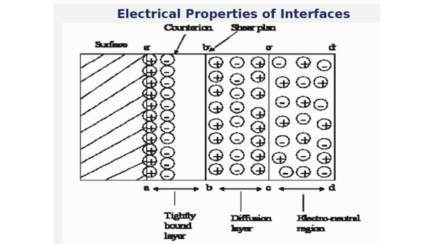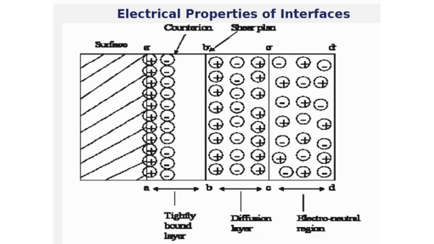Now, if the solid surface acquires a layer of positive charge above it, where has this layer come from? This layer of positive charge has come from the dispersion medium. This layer is designated with A and A prime.